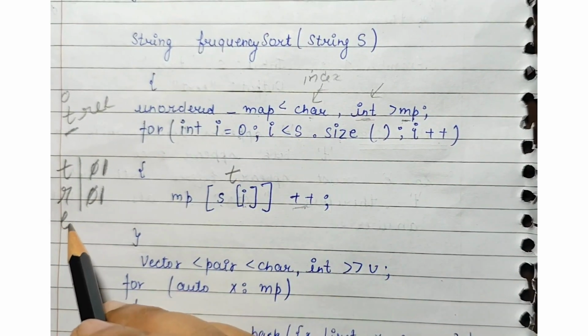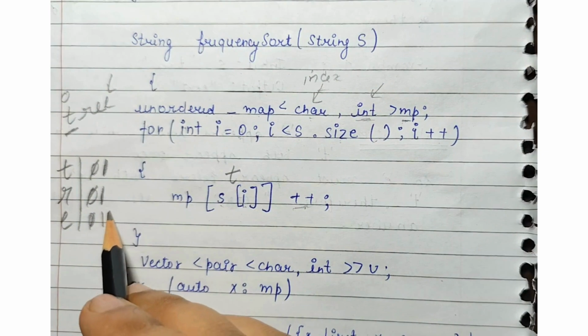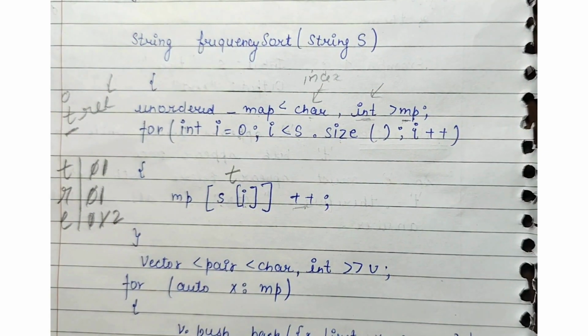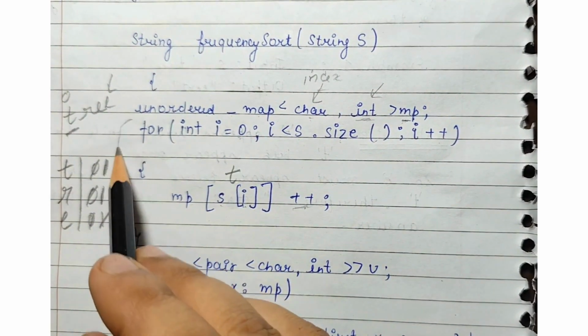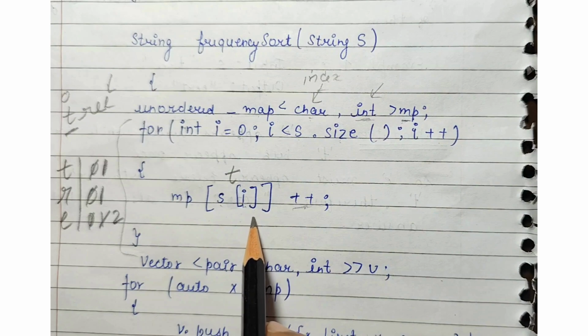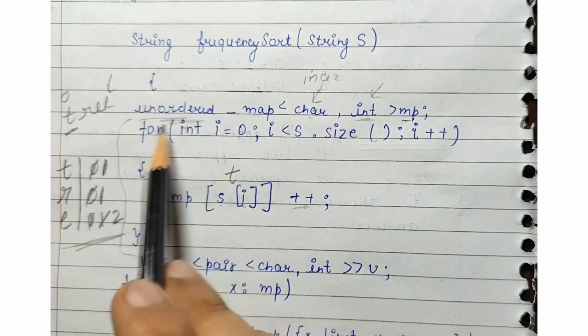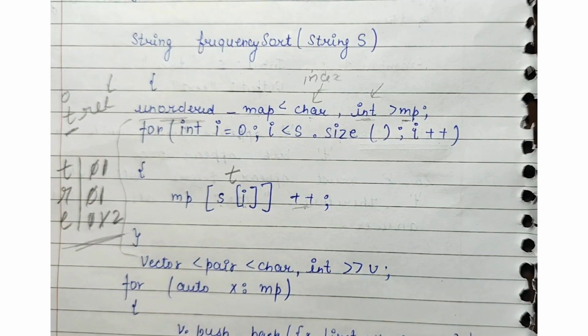After this e will come, updated with 1. After this again e will come, so 1 is updated with 2. Using this for loop, we store the frequency of every character in this map. This is an unordered map, so we store the values in any order.